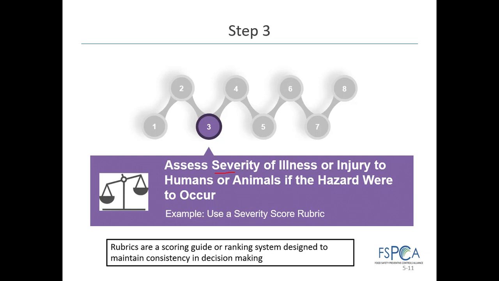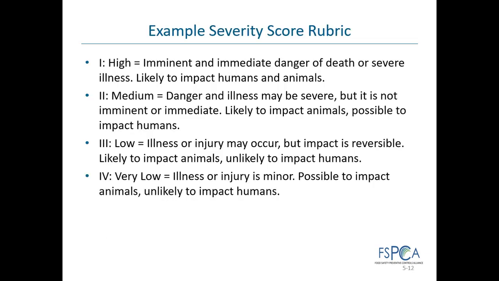So here's an example of a scoring rubric for severity. I'm going to read these because this is what we're going to be using as our examples, and you'll be using in your assignments for this class. First, a high severity means imminent and immediate danger of death or severe illness, likely to impact humans and animals. So even though we're making animal feed, that human component is still there and still very important.